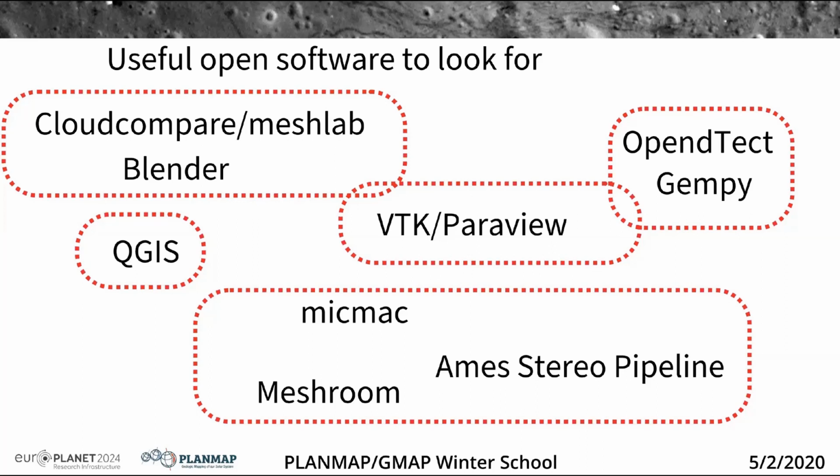In Stereo Pipeline, if you want to try and create DTMs, for example, of icy satellites, I think it is the way to go, because it now implements robustly the shape from shading, which is very, very heavy computationally speaking, and it requires fine tuning.